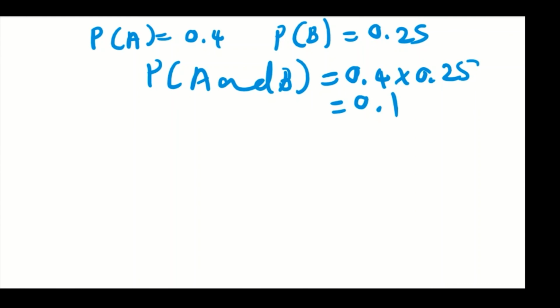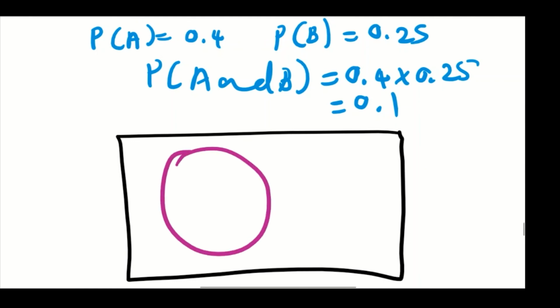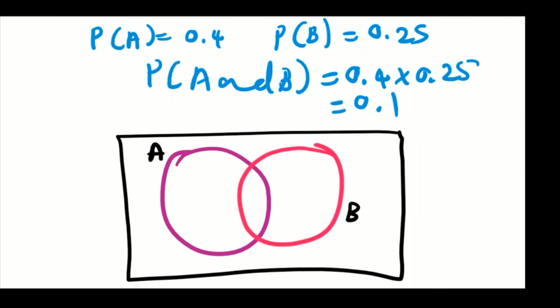And representing this in our diagram, this would be A, this would be B, and the intersection is 0.1, so here it's 0.1.